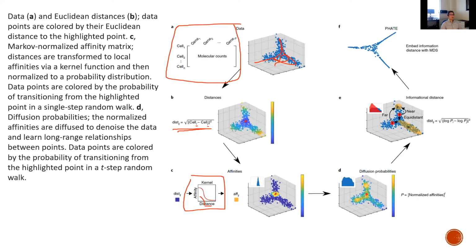Then there's a stochastic process simulating the diffusion, and then it further transforms your affinity into another distance. Remember, at the very beginning you have a distance, and after this transformation, you still have a distance between them.